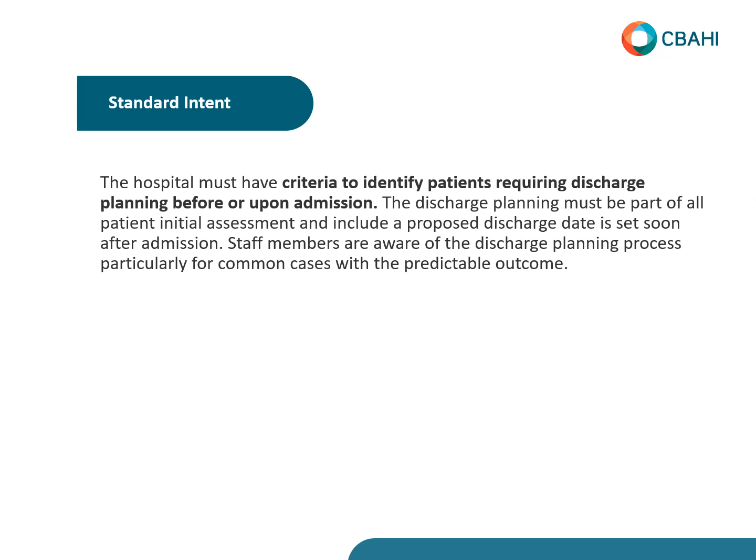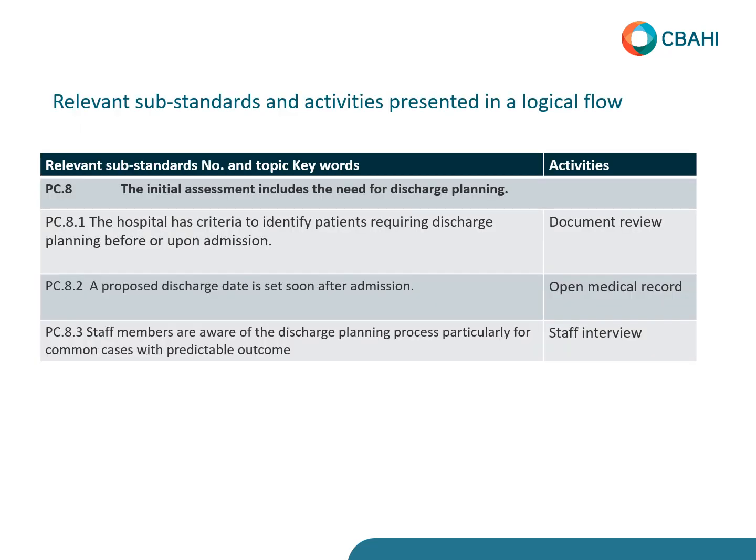The hospital must have criteria to identify patients requiring discharge planning before or upon admission. Discharge date should be included in this discharge planning, and the staff should be aware of these stated criteria. Activities needed to score the discharge planning standard: document review, open medical record, and staff interview.